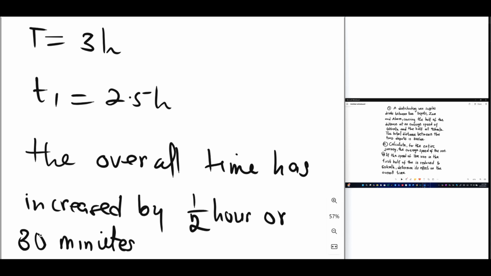The question is, if the speed of the van in the first half of the journey is reduced to 50 kilometers per hour, determine its effect on the overall time.